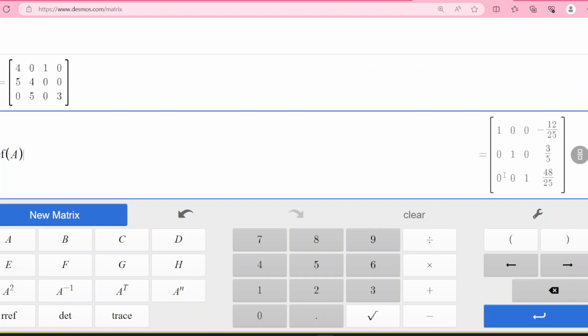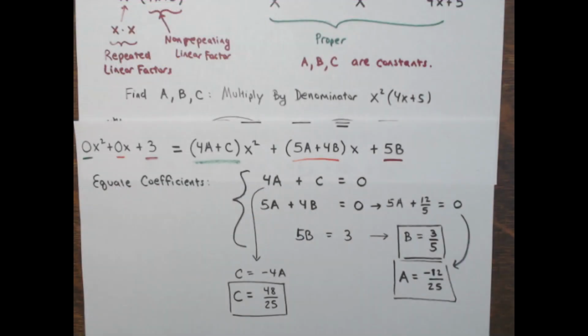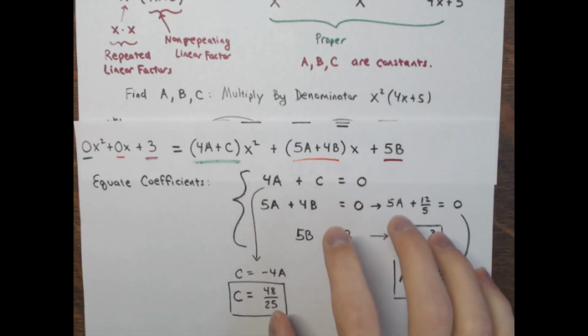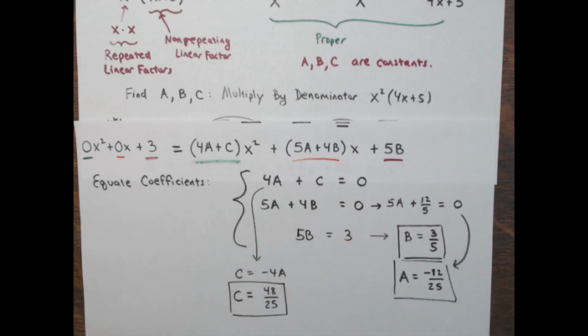And then the third row, no a, no b, 1c, so c must be 48/25, and that's exactly what I got earlier on my paper. So if a system is big or I don't feel like working it out by hand in the rest of the video, I will be going to that matrix calculator and doing this.